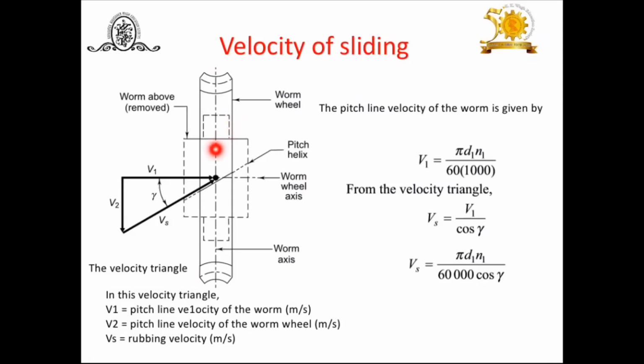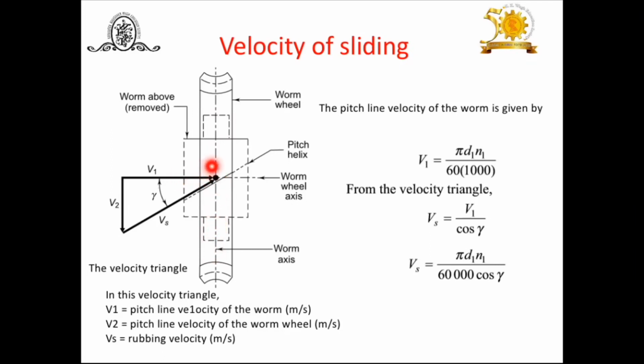Velocity of sliding. Look at the figure. Here, this is the worm, which is shown by the hidden line. The worm is at the bottom, and the worm wheel meshes with it; the diagram is drawn in this fashion, with the worm below and the worm gear above.